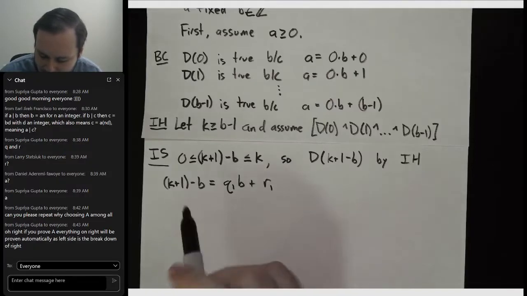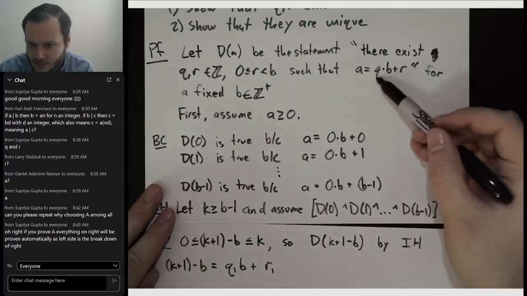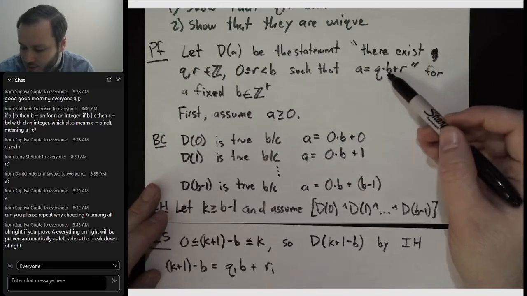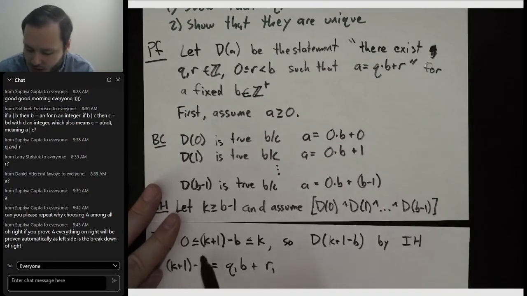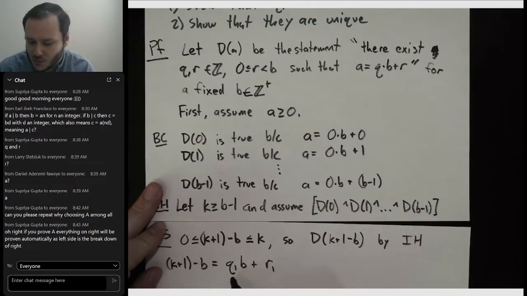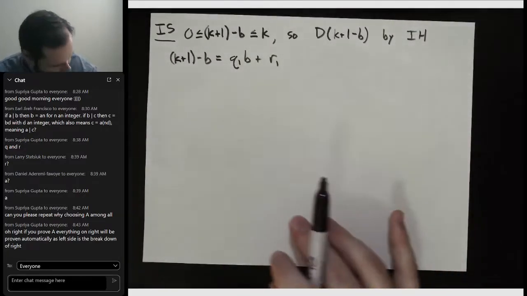So what am I doing? I'm saying I want to write k plus 1 in this form, q times b plus r. I don't know how to do that yet, but I do know how to write k plus 1 minus b in this form, q1b plus r1. Okay.